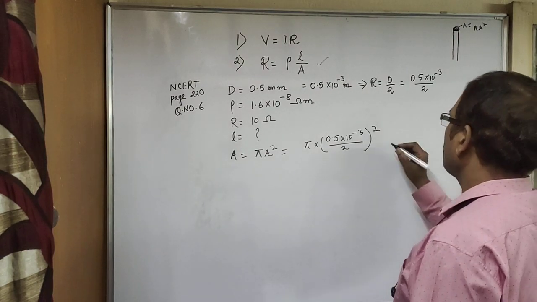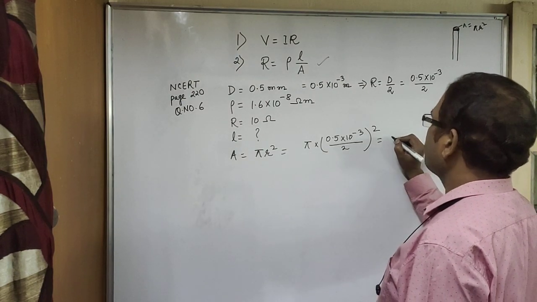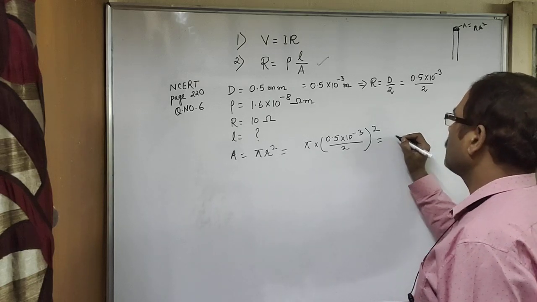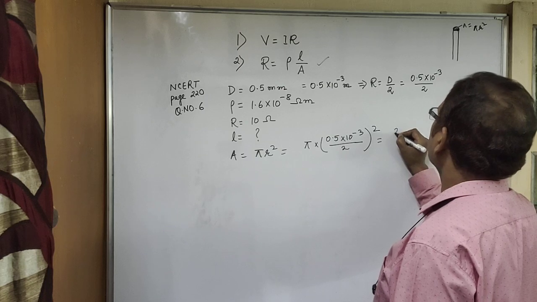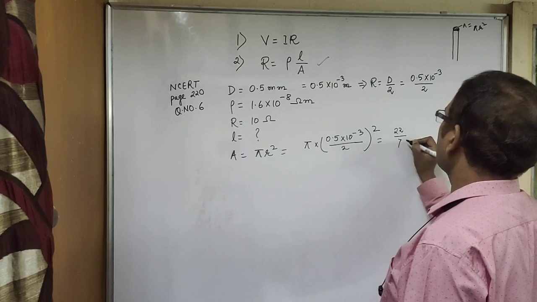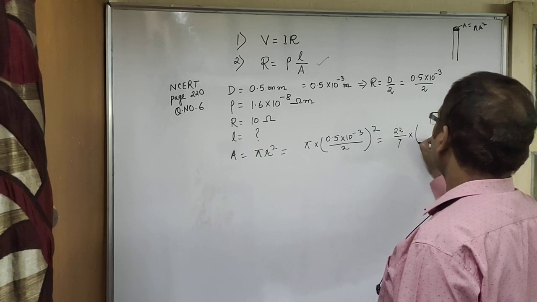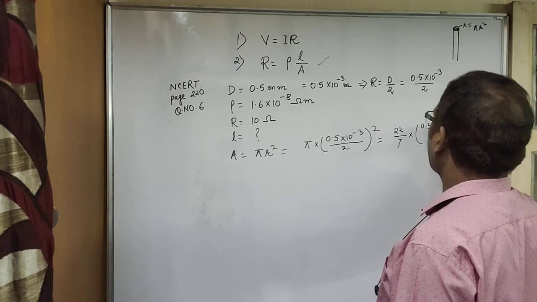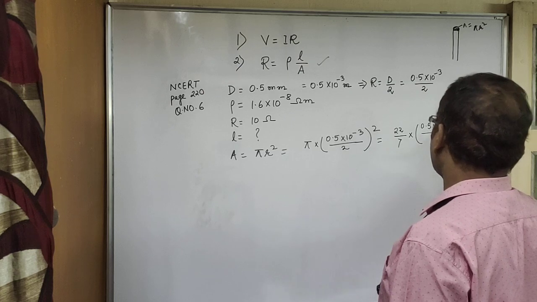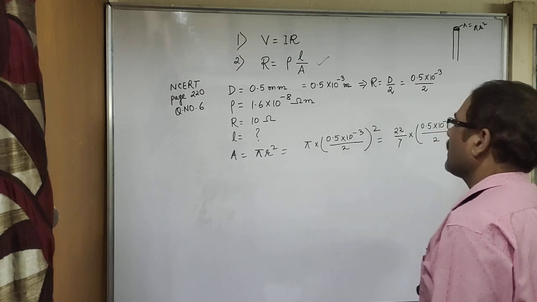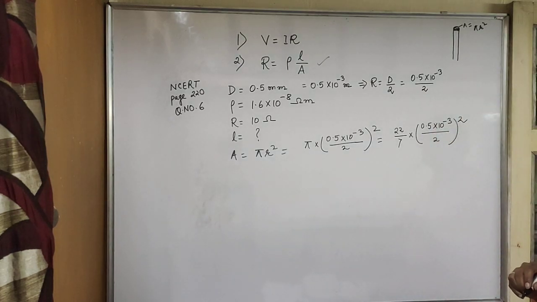If you have to take the value of pi, you can't take 3.1, because that is approximate value. You will write 22 by 7 into 0.5 into 10 to the power minus 3 by 2 whole square. So this is area of cross section.